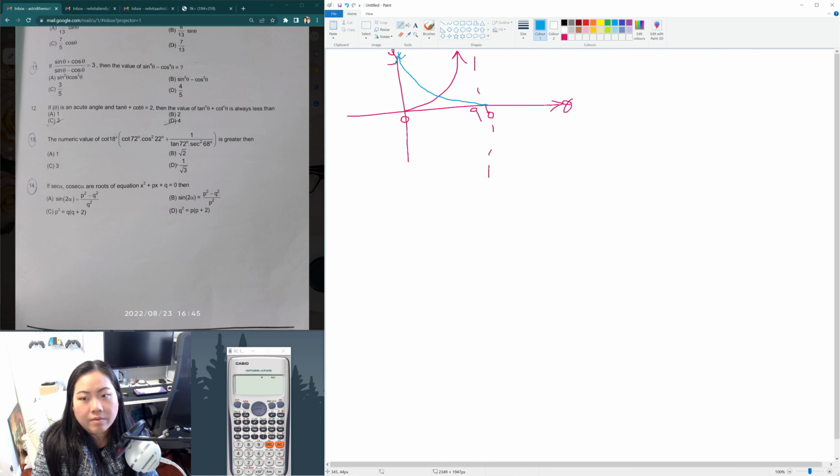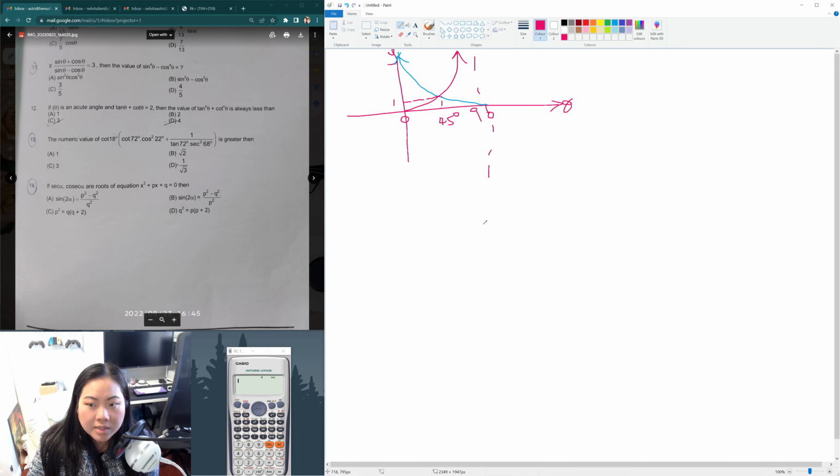The only time where tan theta plus cot theta equals 2 is when theta is 45 degrees, because tan 45 degrees is 1 and cot 45 degrees will also be 1. Any more or less than that, when you add them, it's not going to be 2.